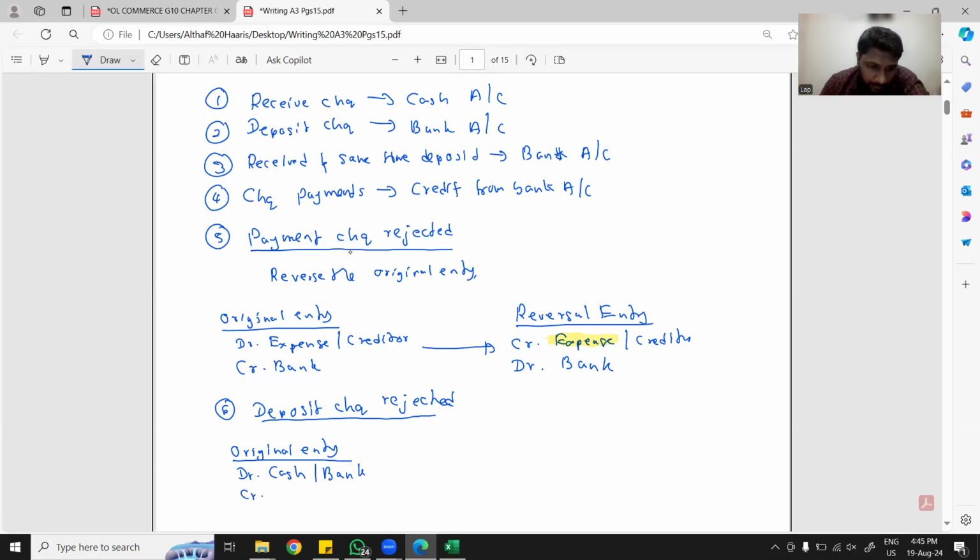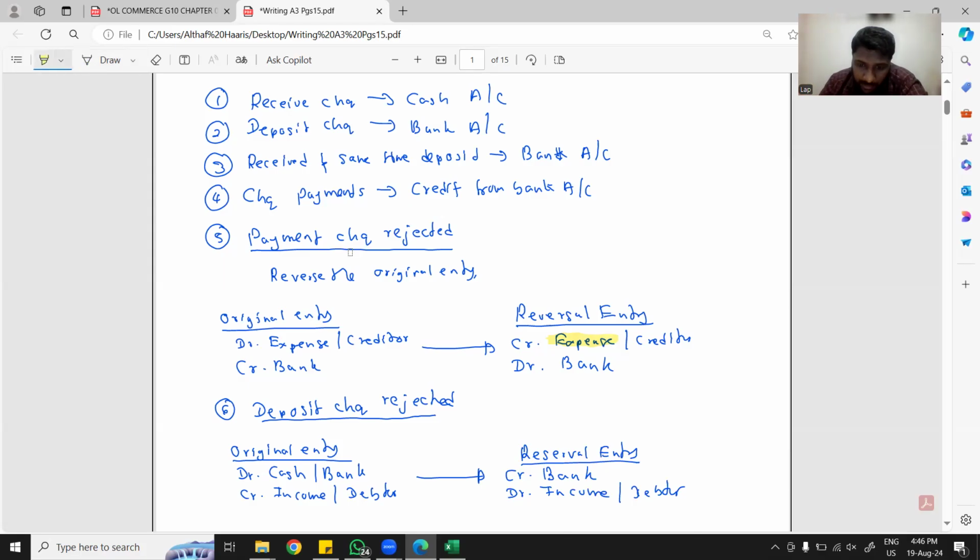Credit the debtor or income. So reversal entry, credit the bank, debit the income or debtor. Again, here also, this is also extremely wrong.